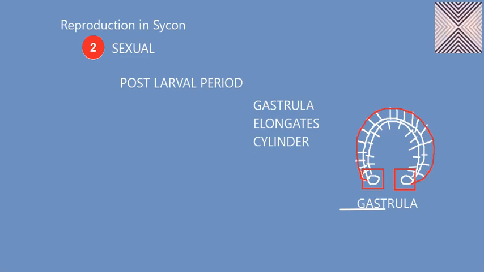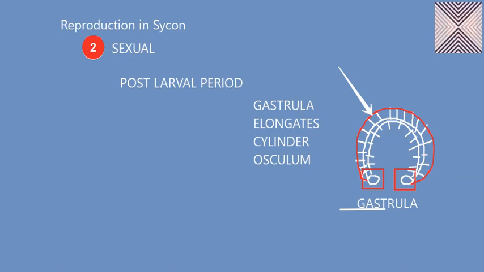So the osculum is formed on the top, and the non-flagellated cells which are present towards the outside, these are the macromeres. They are forming the pinacoderm.